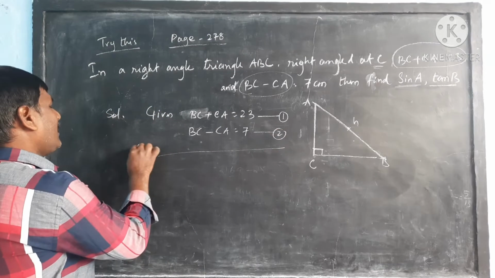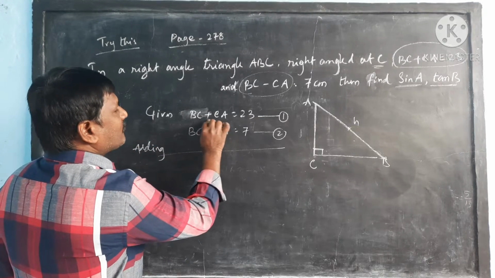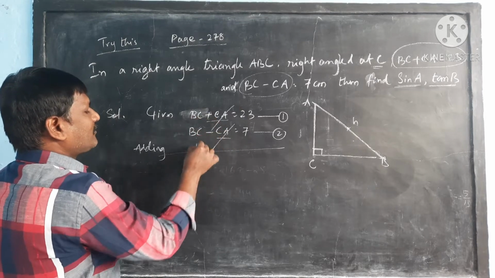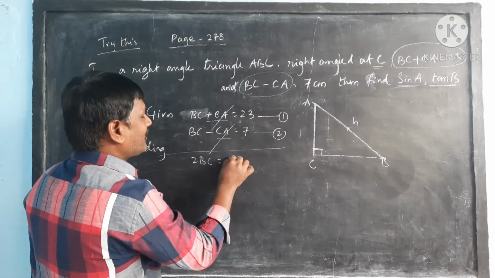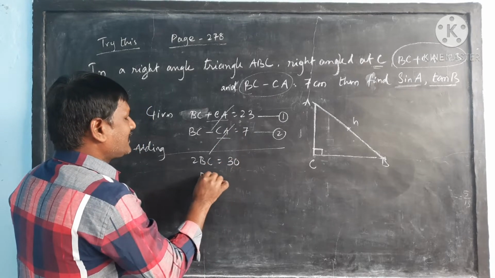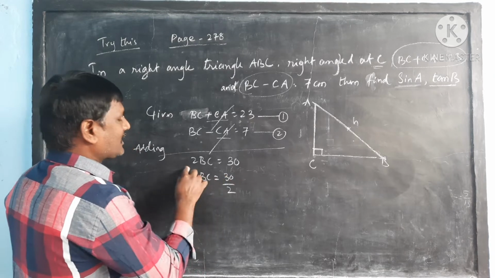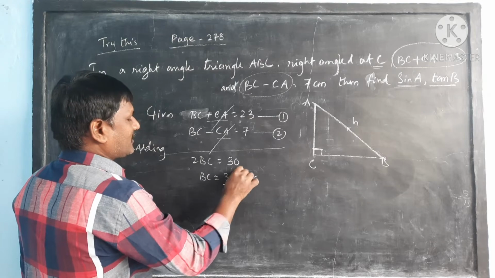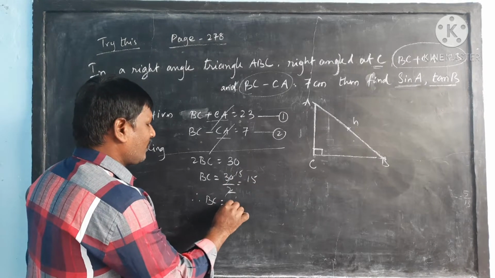Adding, plus CA and minus CA cancel. Then BC plus BC is 2BC, and 23 plus 7 is 30. Now BC is equal to 30 by 2. Transferring the 2, BC is equal to 15. Therefore you got BC is equal to 15.